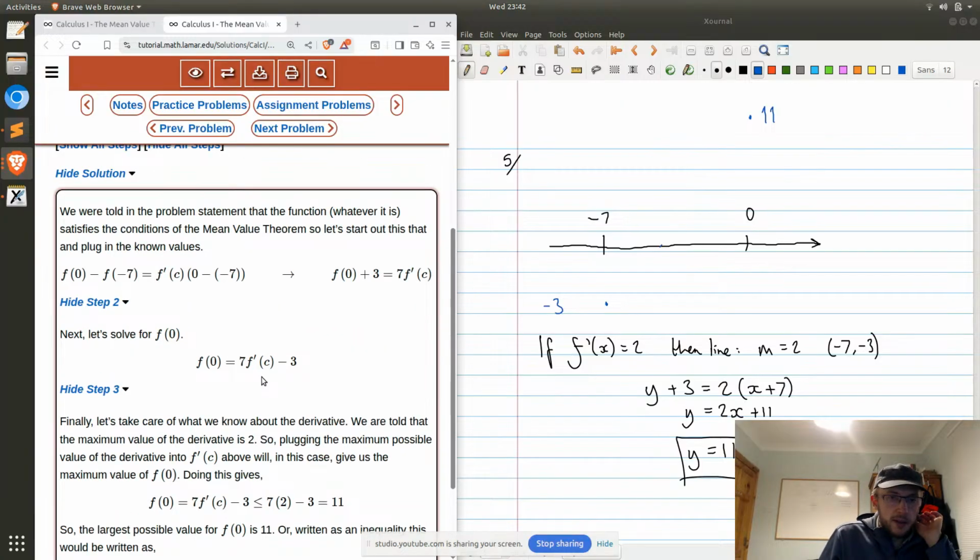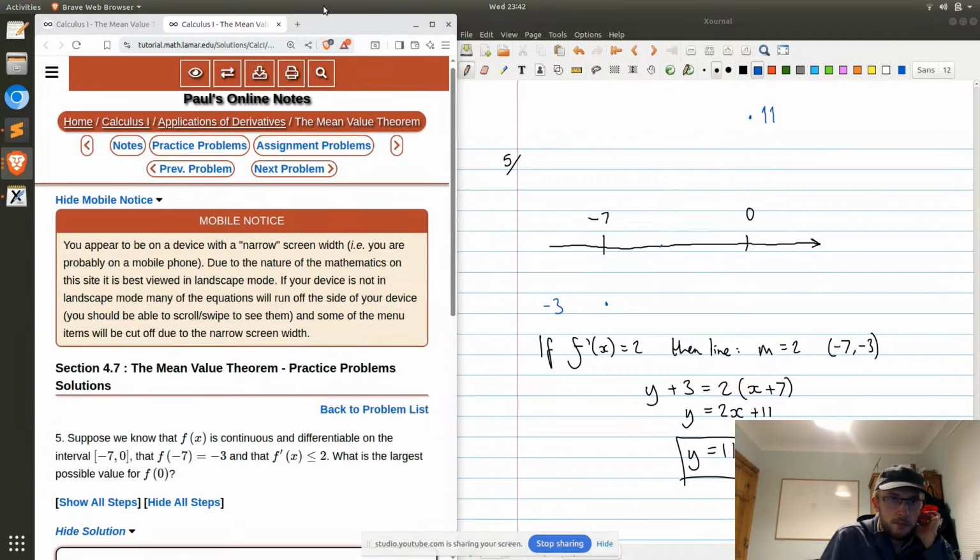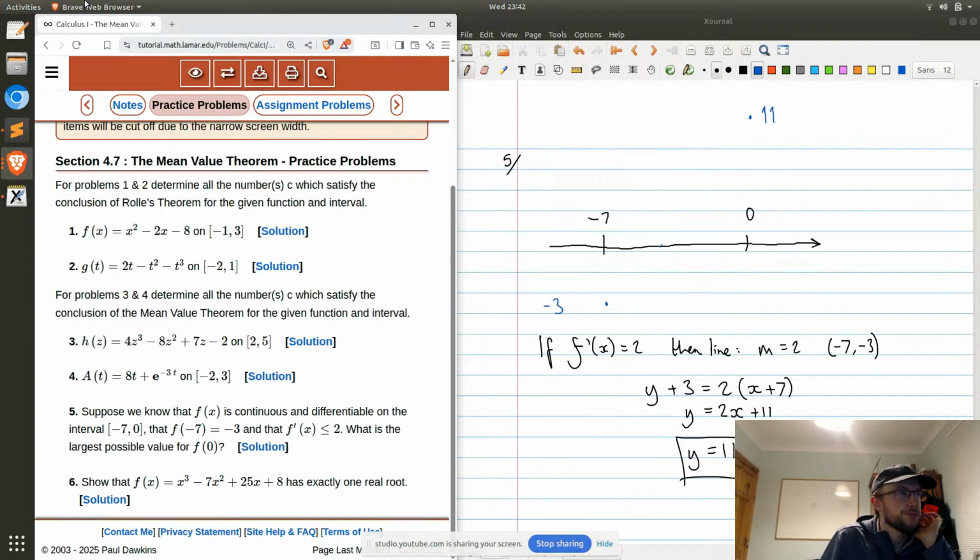And now I have to think. Mean value theorem. What do you say to me? Mean value theorem.